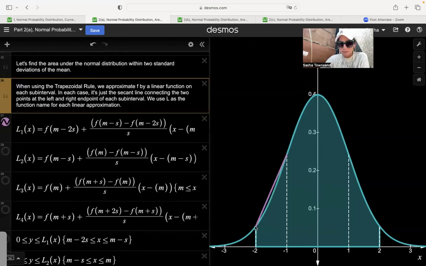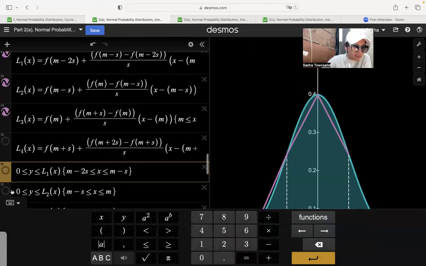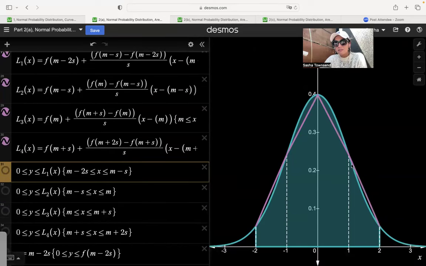And then I just graph it from -2 to -1. But I wrote everything in terms of the mean and the standard deviation so we could vary those and the line segments would still be in the right place. And we do that on the next interval and the next interval and the next interval. It's all pretty much the same. Just make sure to use the right points. We have that, and so we're approximating this area under the curve with the area under those line segments.